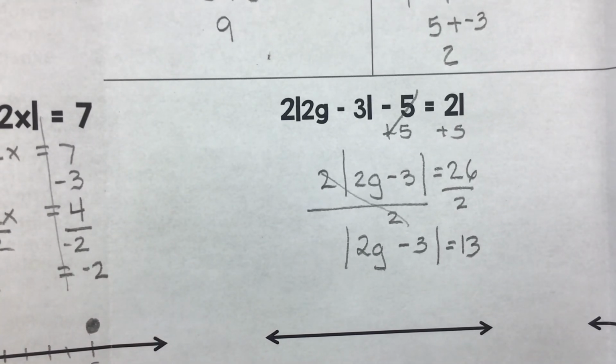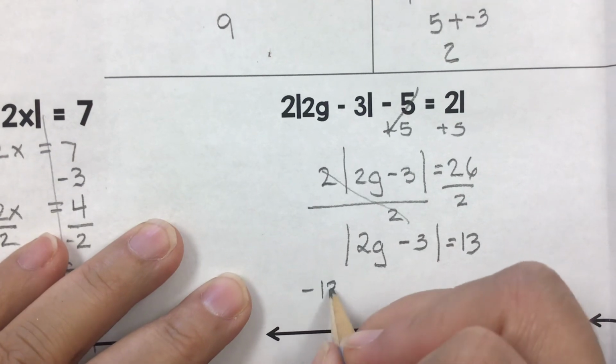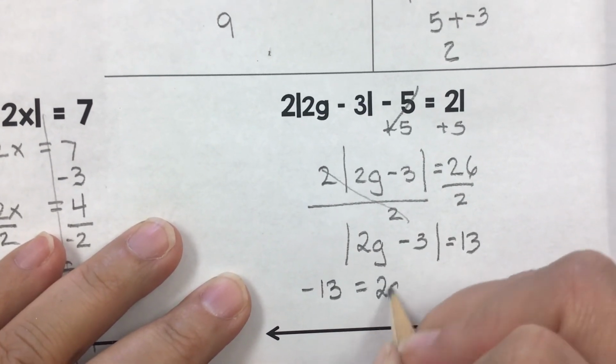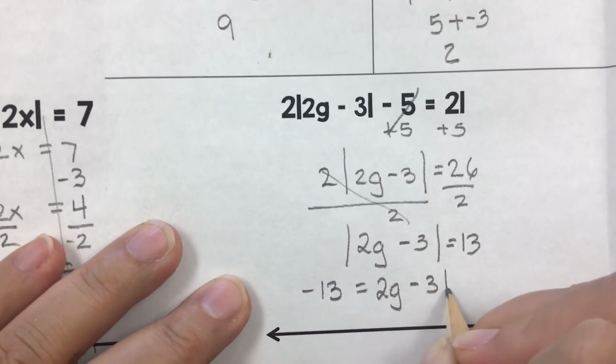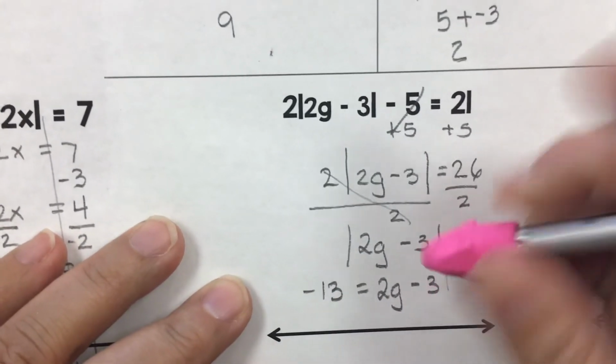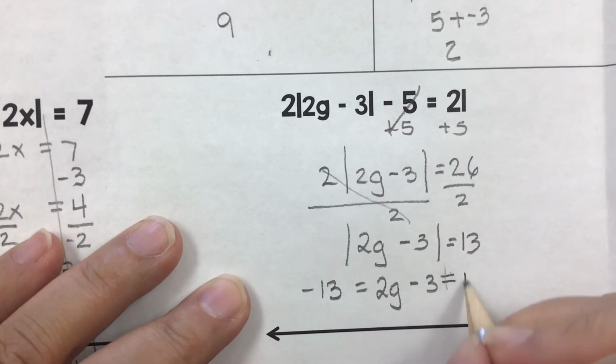Now that I have this by itself, that washing machine that's by itself, that's when we can talk about clean clothes or dirty clothes coming in. So this would be negative 13 is equal to 2g minus 3 is equal to 13.